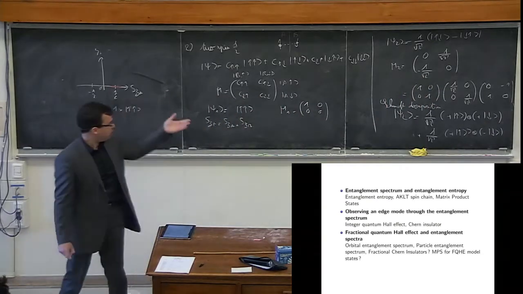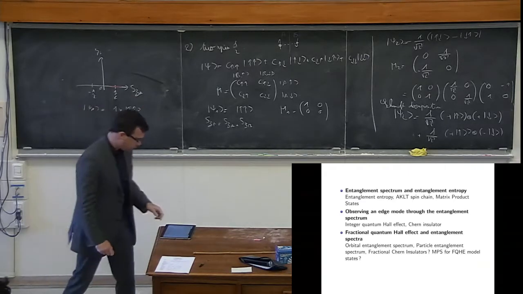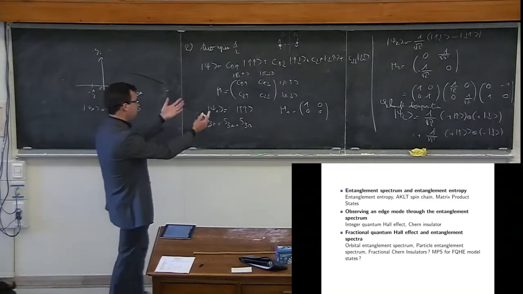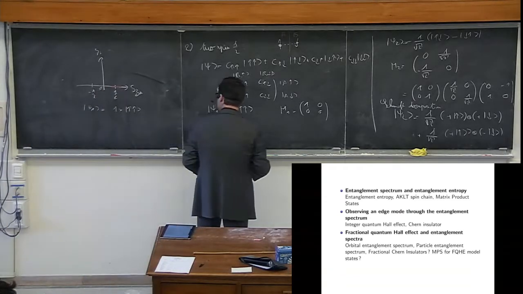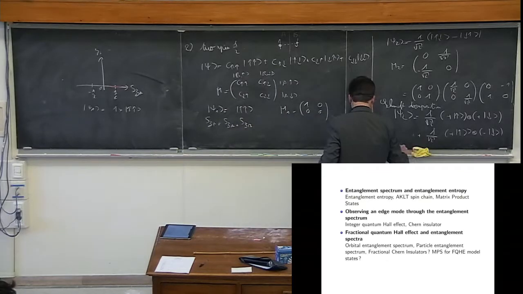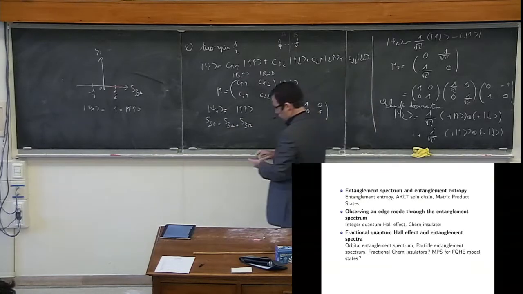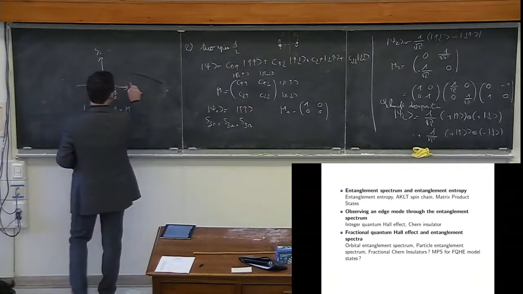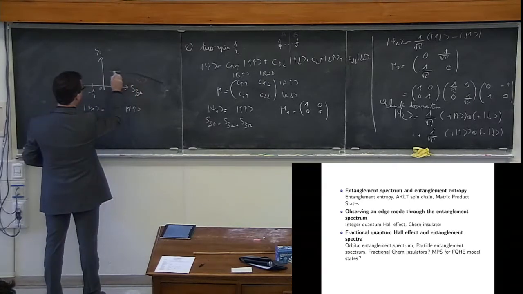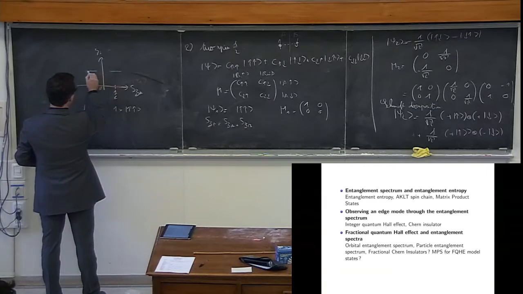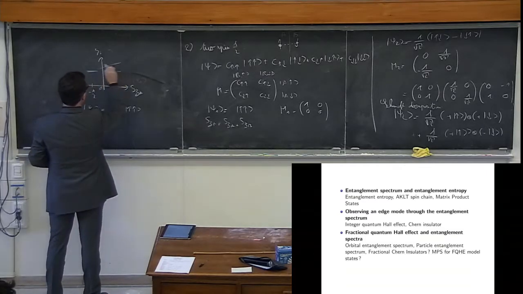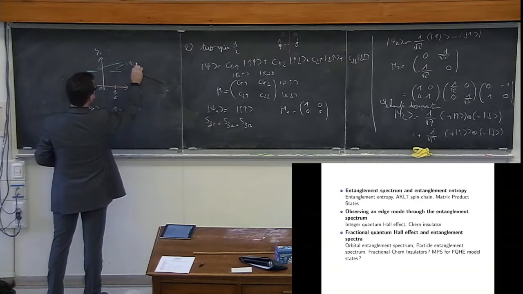And once again, you can read out the spectrum of the reduced density matrix just by staring at the Schmidt decomposition of the state, and you will get something a bit different from the previous one. So that's for psi 1, and this is for psi 2.